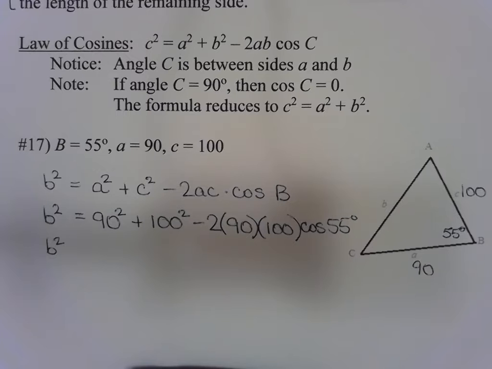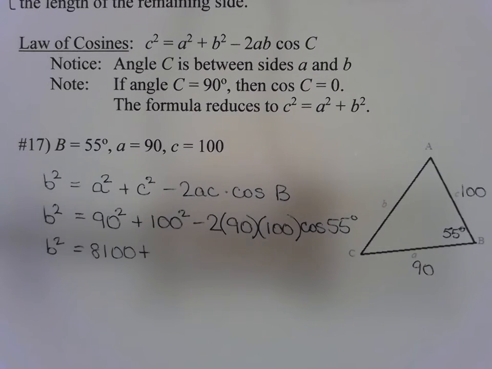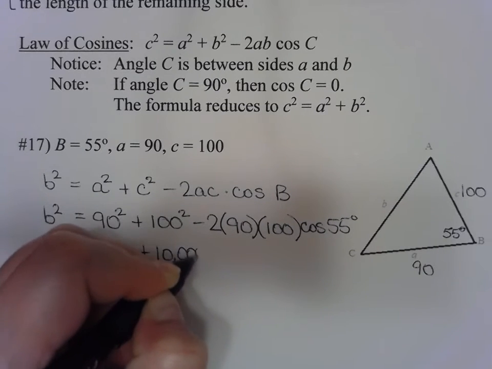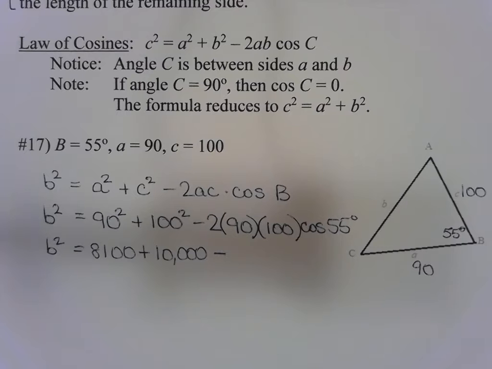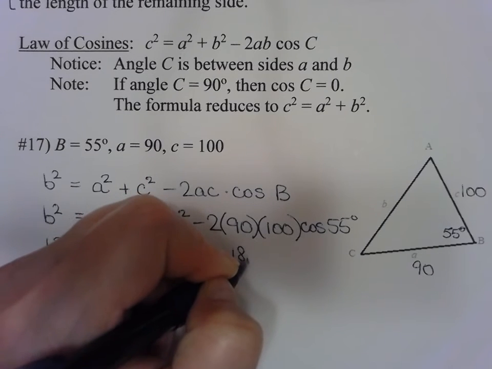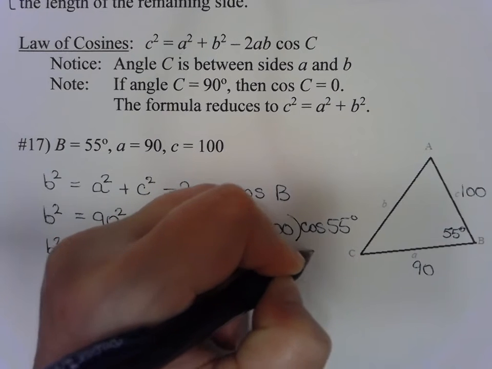Some of these you might be able to do in your head. 90 squared would be 8100. 100 squared should be 10,000, 4 zeros, right? Minus 18,000 times the cosine of 55.